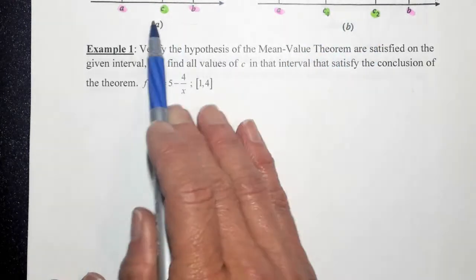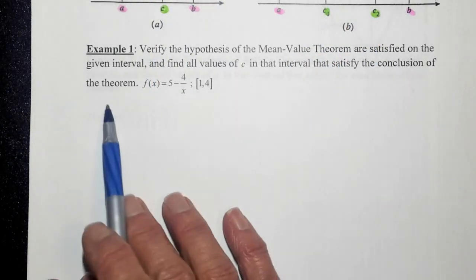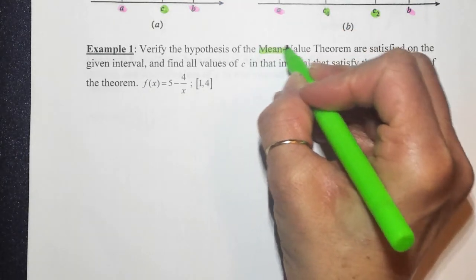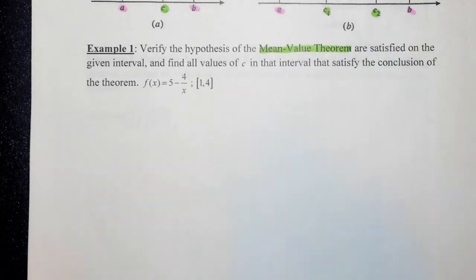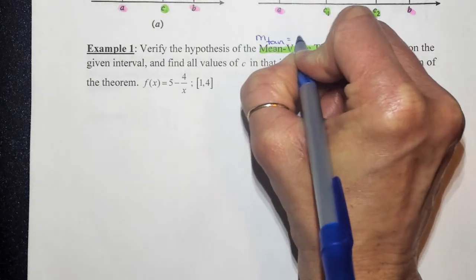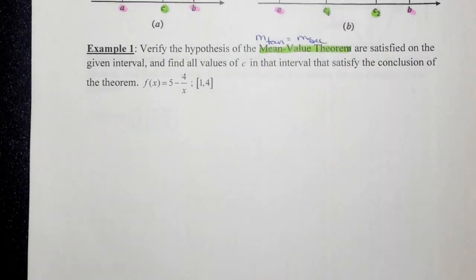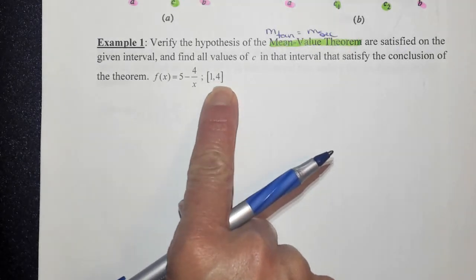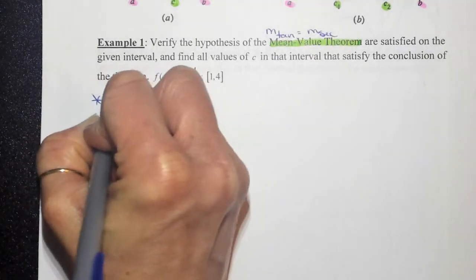Remember, these right here are x values that satisfy the conclusion of the theorem. So we're looking at the mean value theorem. So when we see MVT, or the mean value theorem, we need to think to ourselves, okay, we want to find that the slope of the tangent line is equal to the slope of the secant line. Okay, so here we have a function, and here we have our interval. So first of all, you must state the following.